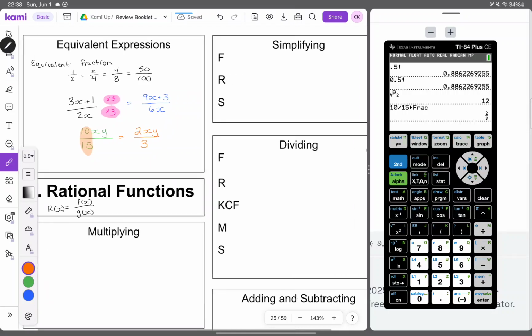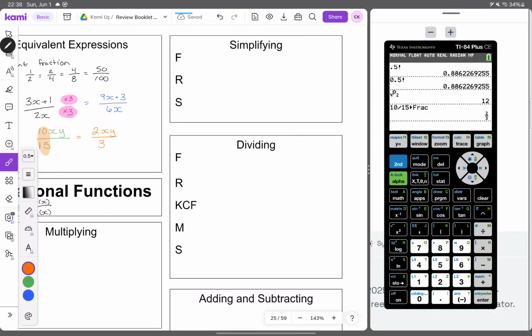Speaking of simplifying, when we are simplifying, this just means that I have one term over another term. So for example, I might have x cubed plus 6x squared all over 10x.